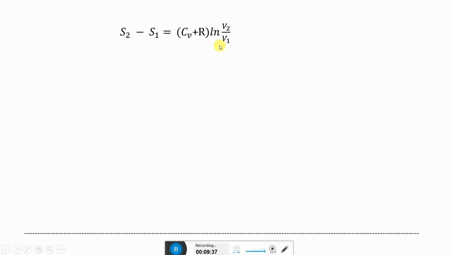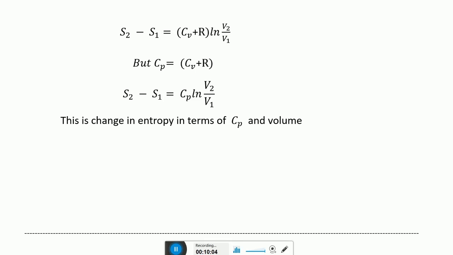But we know the relation, that is Cp minus Cv is equal to R, Mayer's relation, meaning Cp is equal to Cv plus R. So our equation is again reduced, and we get S2 minus S1 is equal to, instead of Cv plus R we can write, Cp log of V2 by V1, and this is the value of change in entropy in terms of Cp and volume.